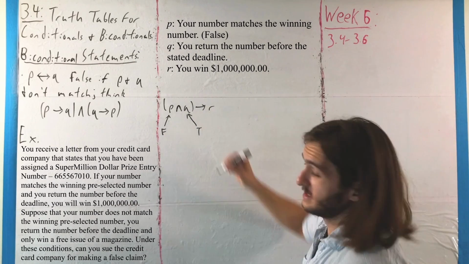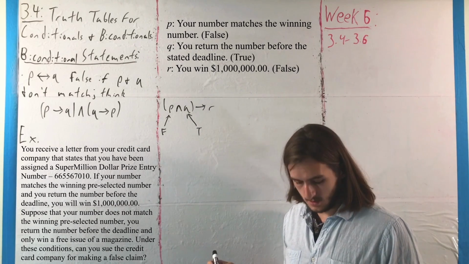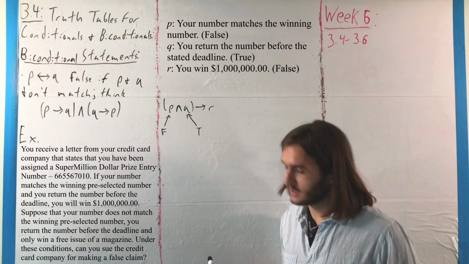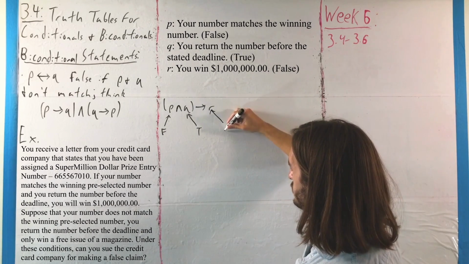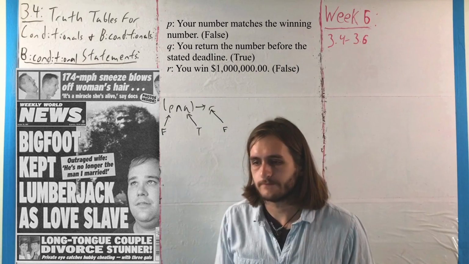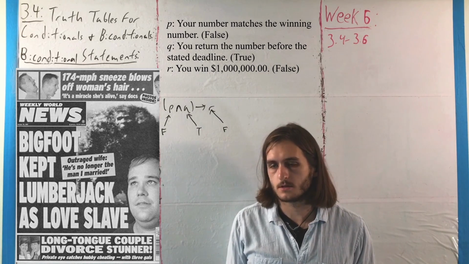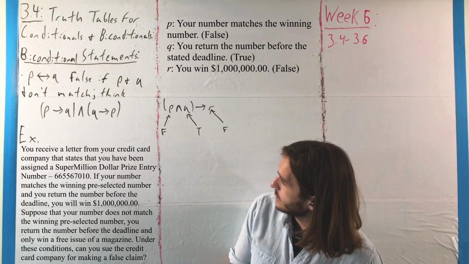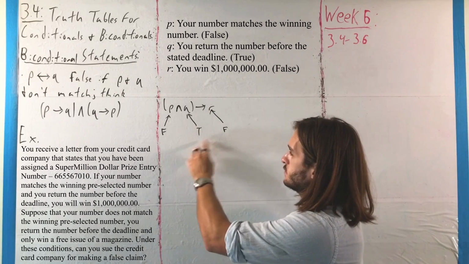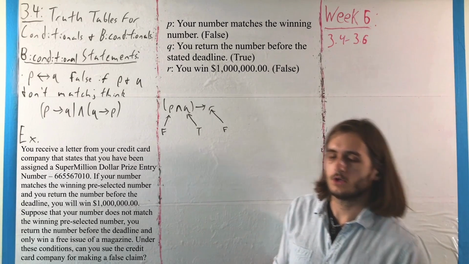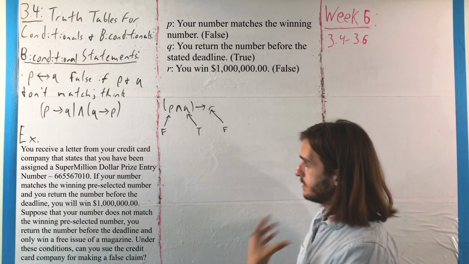Cool. At least that's true. And in our last case, unfortunately, you were not shown the money, you were shown a magazine. So R is false. We have here the conditional with the conjunction where these are false, true, and the final conclusion, the consequent as it were, is false.